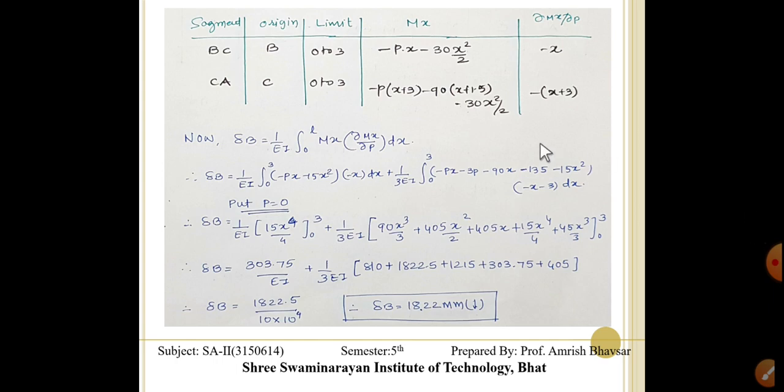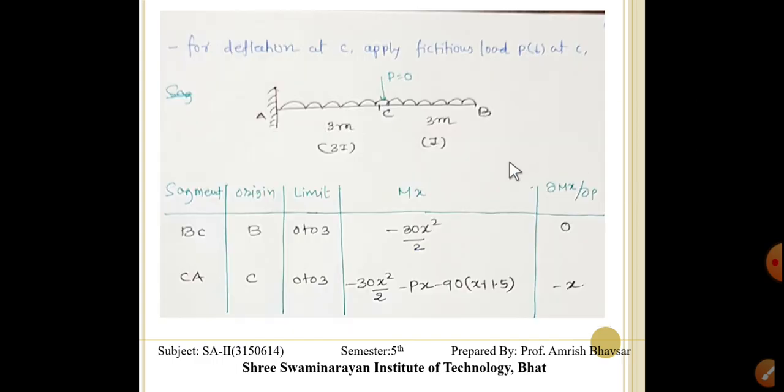Now, the next task is the deflection at point C. For this, we must apply a fictitious load P at point C, somewhere over here. And again, here there is no point load, that's why I take the value of P equal to 0.